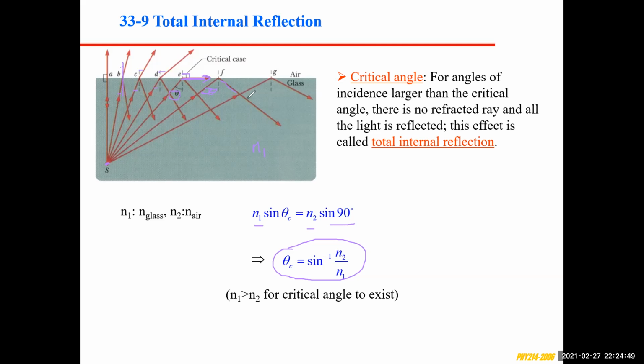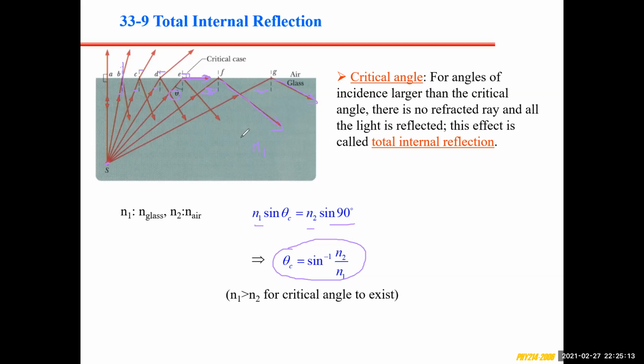Instead, it will be reflected back into itself. Okay, so this is what we call total internal reflection. For any angle greater than the critical angle, all the light ray will be reflected back into itself, meaning that your light ray will be trapped within this device. No light ray will be outside this device.